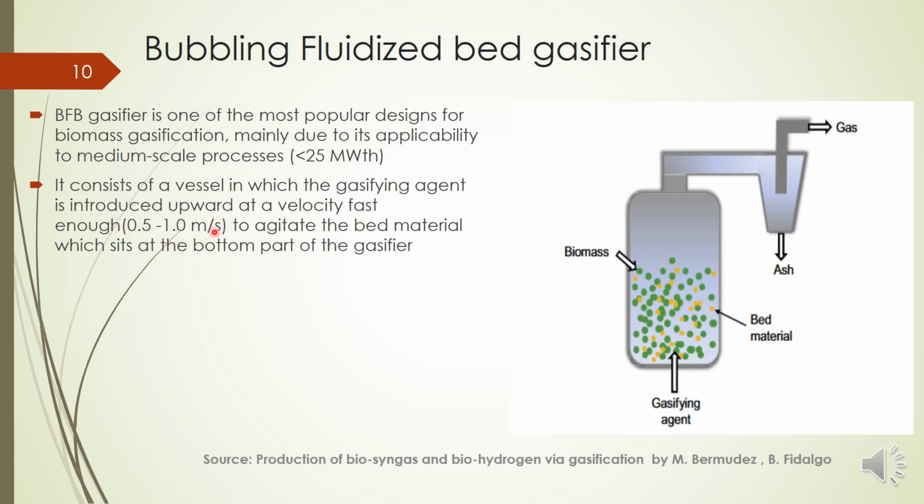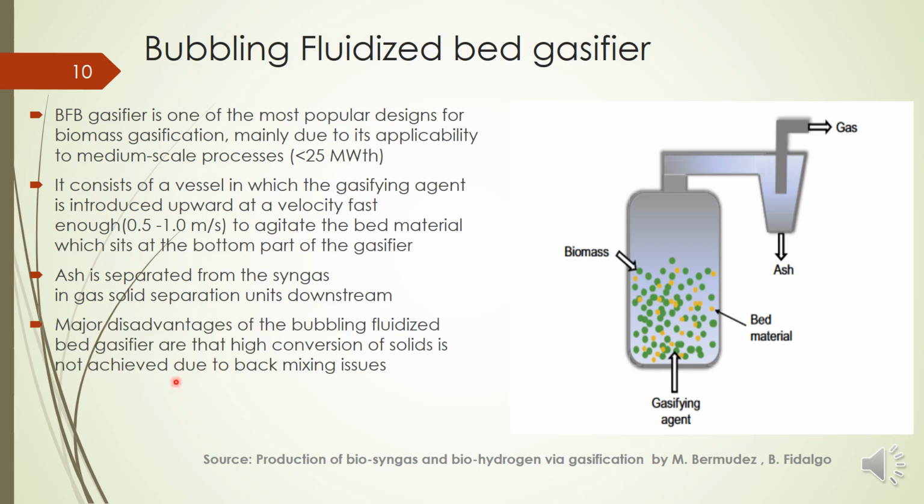So it is not that high, and that will agitate the bed material and convert it into a fluidized state. The ash is separated from the downstream of the syngas.